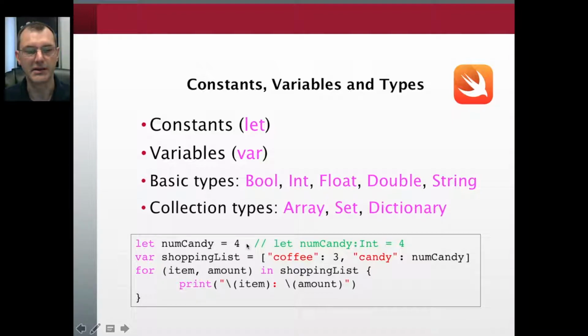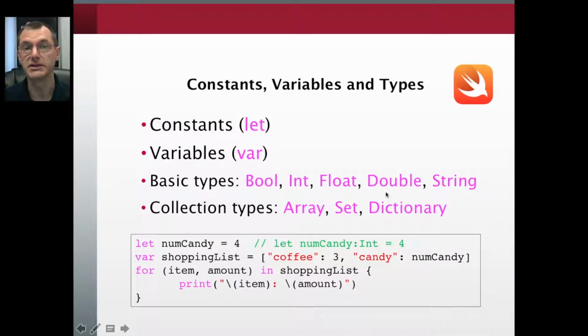Now once we assign numCandy to 4, we can't reassign it. Also note that we don't provide a type for the constant numCandy. And in this case, Swift will infer the type based on the value we're assigning it. So since the value we're assigning it is an integer, it will infer that the type is integer.